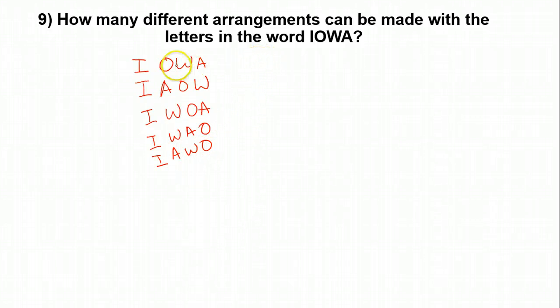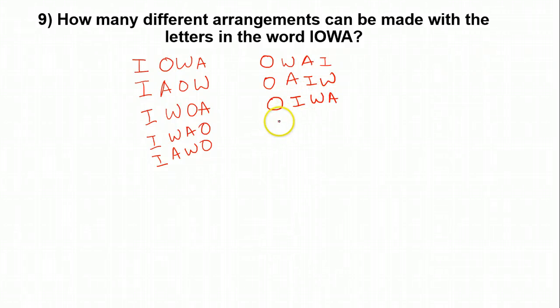And I go through each letter. Instead of I being first, let's put O first. All right, so that's O, W, A, I, or O, A, I, W, or O, I, W, A. What's a different arrangement? Okay, how about I, A, W?